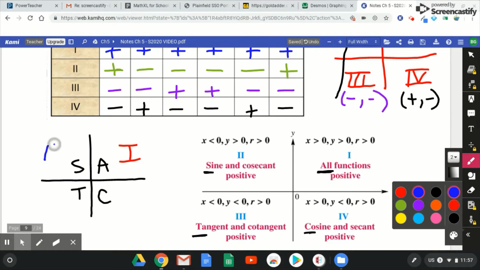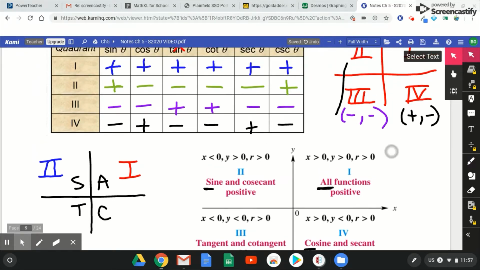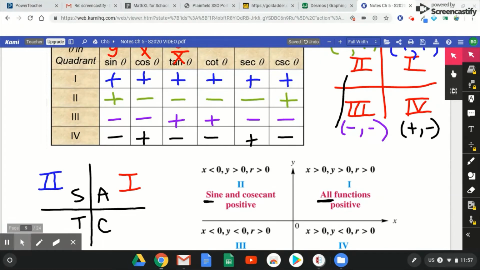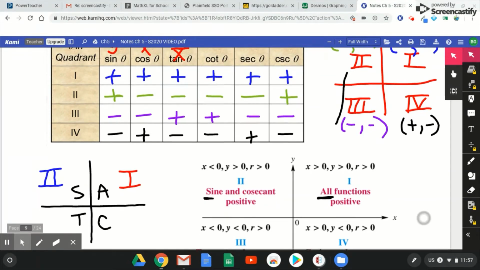In the second quadrant, S for students, all students. S is supposed to remind you of sine. Sine and cosecant go together, so sine and cosecant are the two that are positive in that second quadrant.